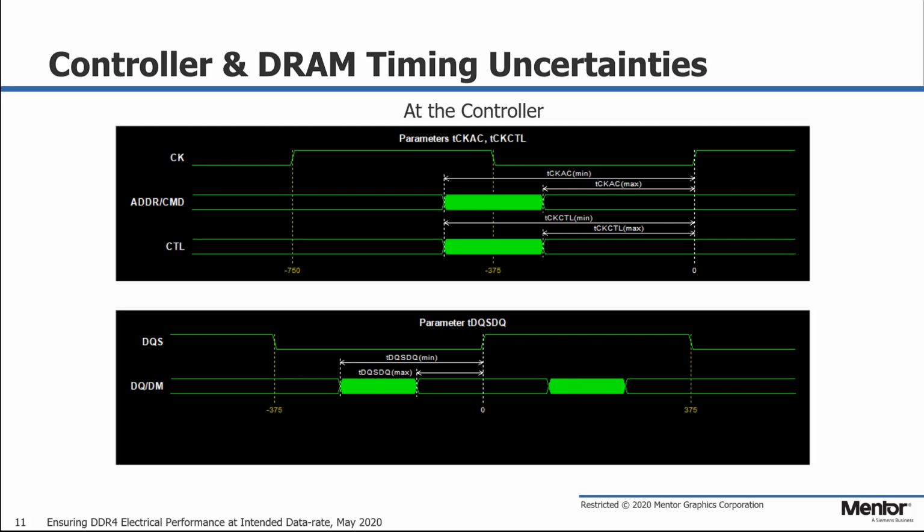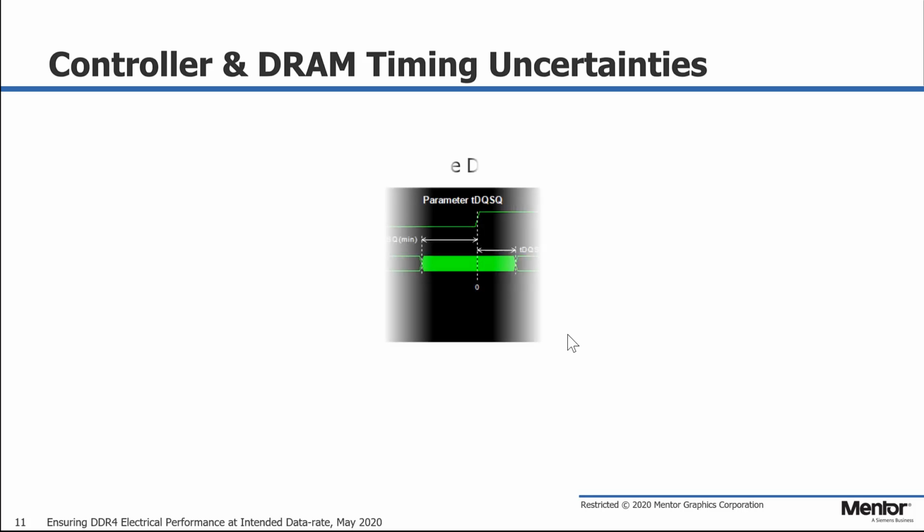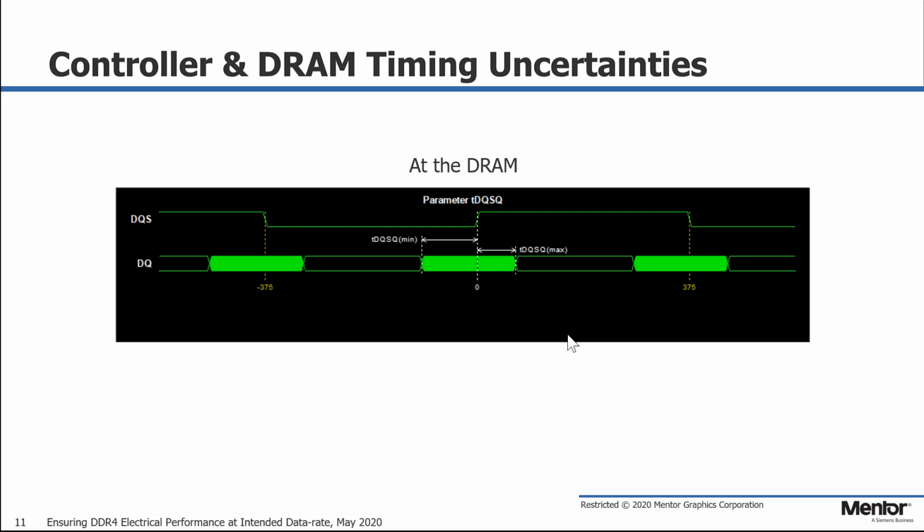Therefore, to calculate the worst case setup and hold margins, these uncertainties must be accounted for. At the DRAM, there is no phase shift between DQ and DQS, but we need to define the uncertainty for the data read operation.